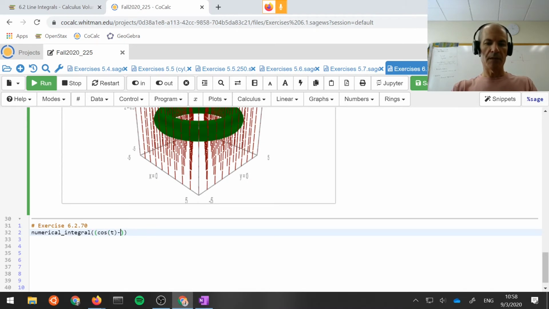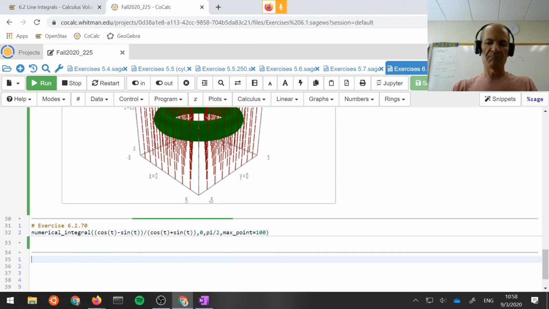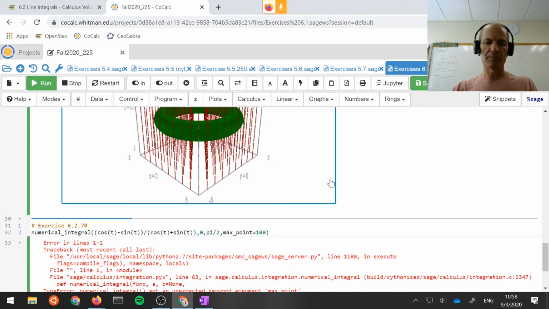Cosine of t minus sine of t divided by cosine of t plus sine of t. And we want to go from 0 to pi over 2. And I think it's like max points. Nope. All right, let me pause while I go look that up.